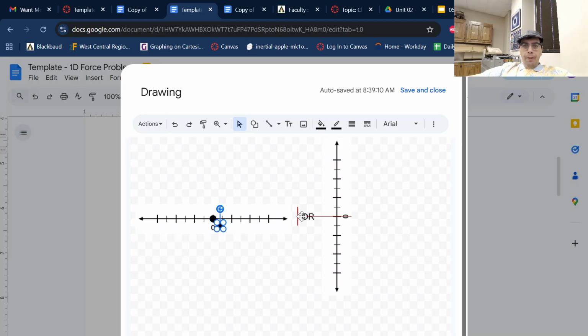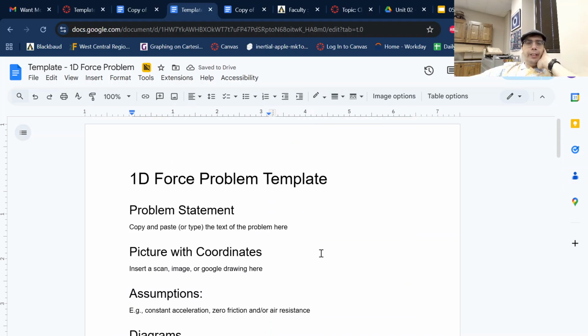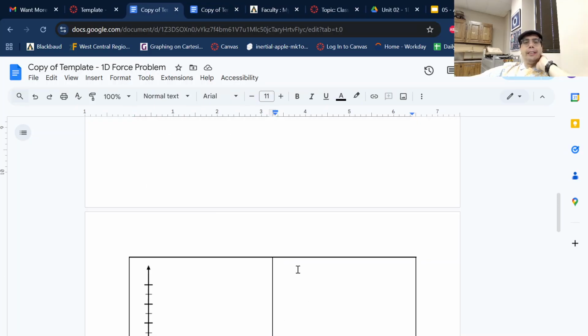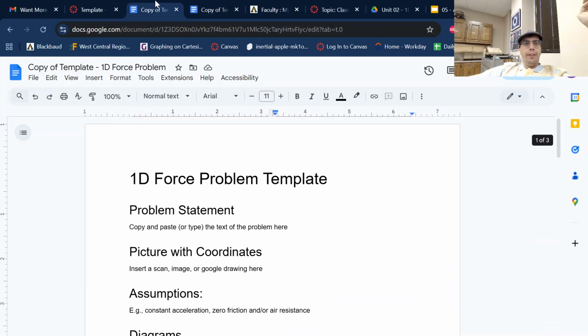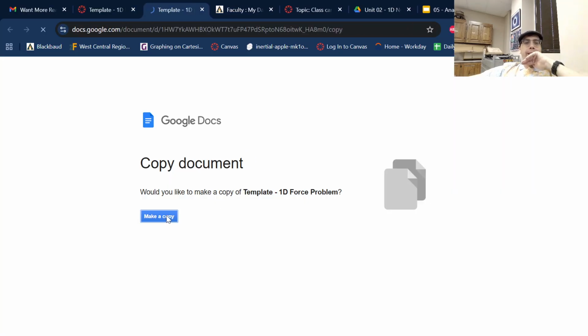That way we know that we have a dot. Anyway, now this should apply to any new copies you make. And so let's just start with a problem. I'll just give you a problem and we'll work through it together.